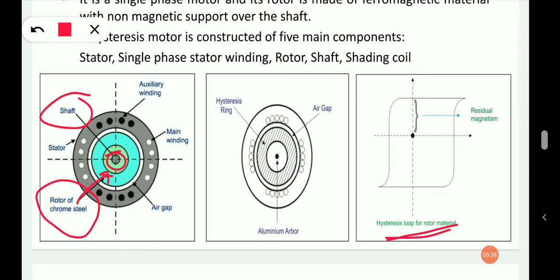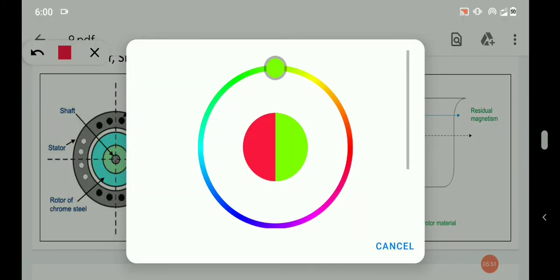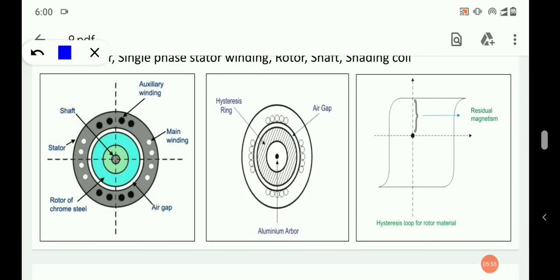The outer part is of stator, and in stator two types of winding is placed. Here you can see one is auxiliary winding and second is, white color dots are there, that is for main winding.